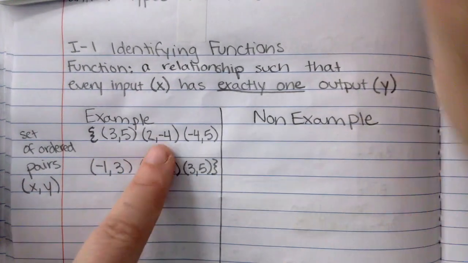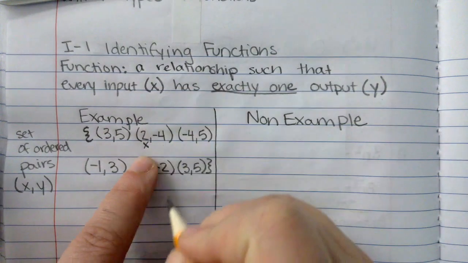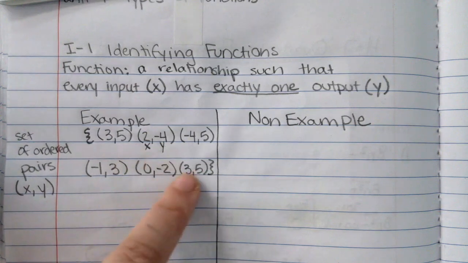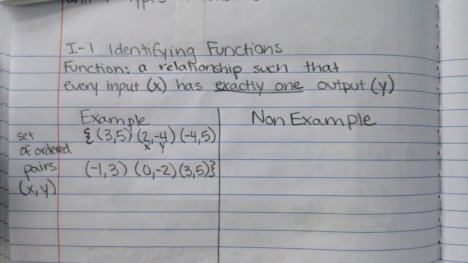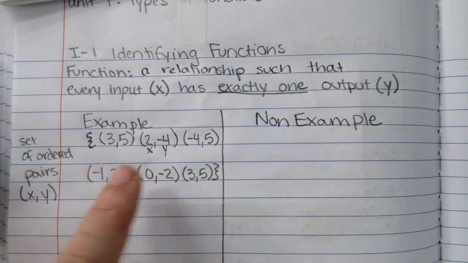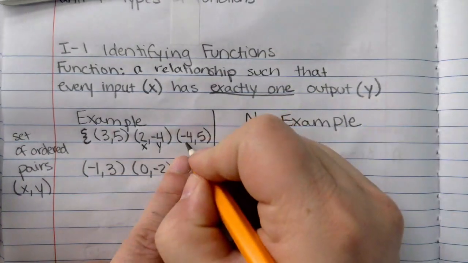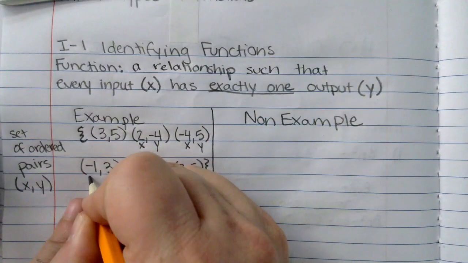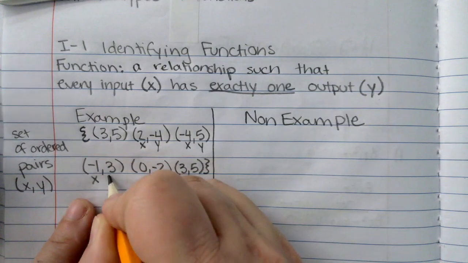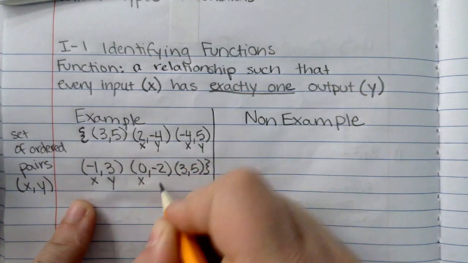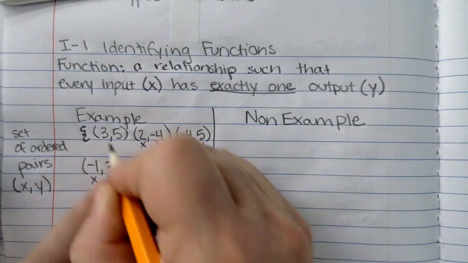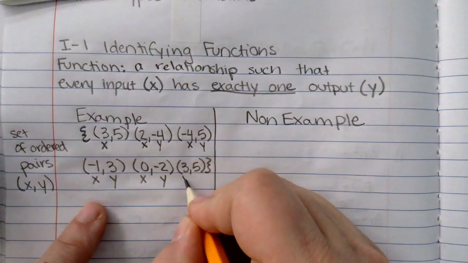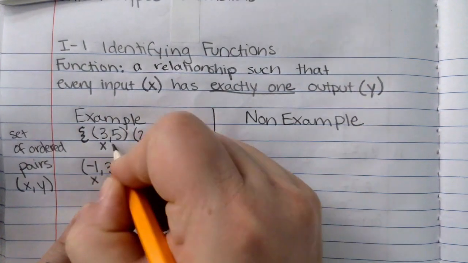I have 3, 6, 4, negative 4, 0, 3, 2, 6, negative 2, 0, and then 4, negative 1.